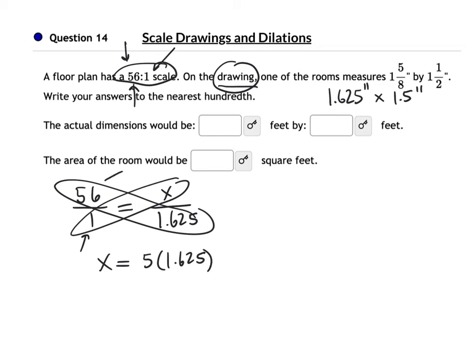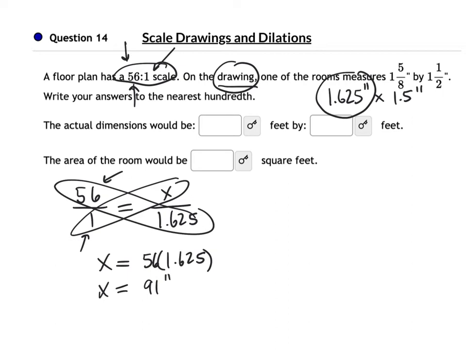All I do, because it's 1 to 56, I can just multiply by 56, and I got it. X ends up being 91. Now the issue is, this 1.625 was in inches, so this is 91 inches.